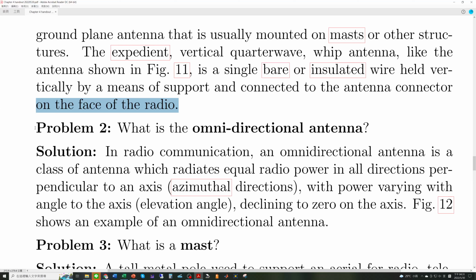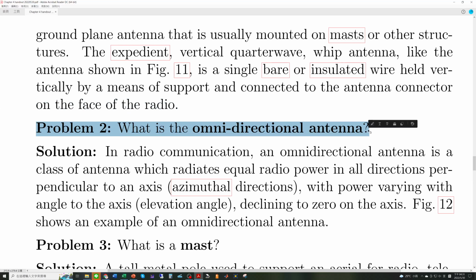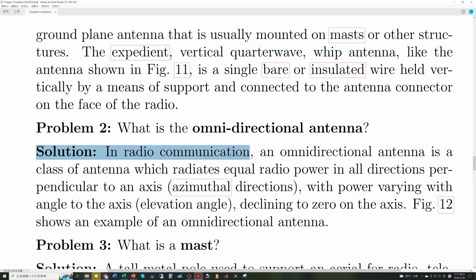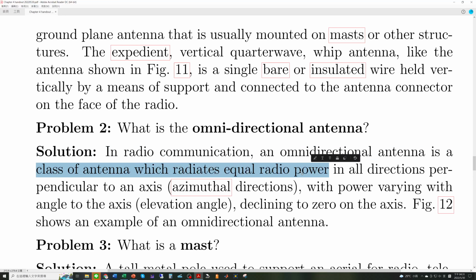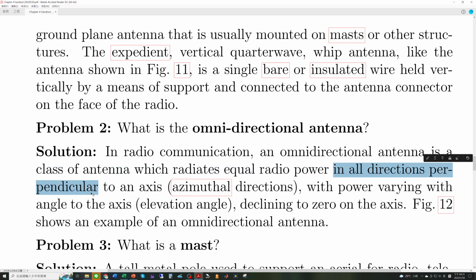Next, problem 2. What is the omnidirectional antenna? Solution. In radio communication, an omnidirectional antenna is a class of antenna which radiates equal radio power in all directions perpendicular to an axis.